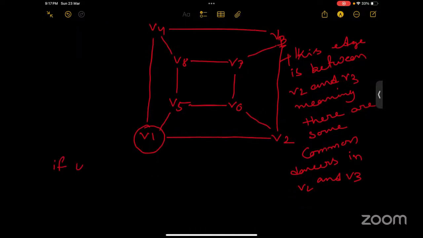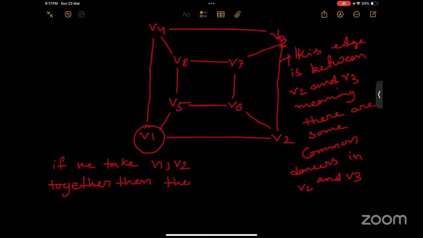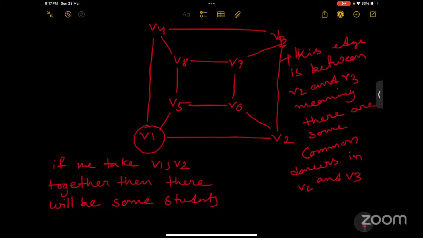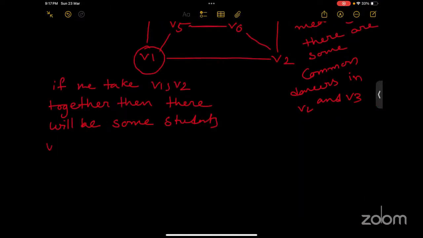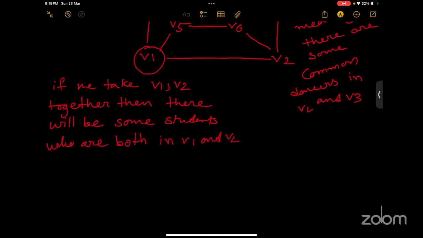So if we take, for example, V1 and V2 together, then there will be some students or dancers who are both in V1 and V2, because we have an edge connecting V1 and V2, right?